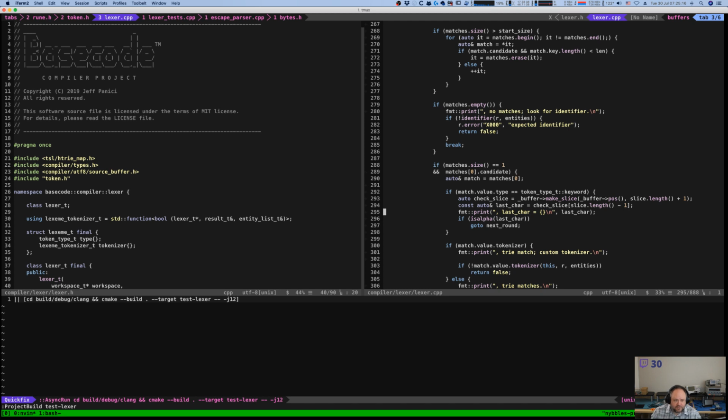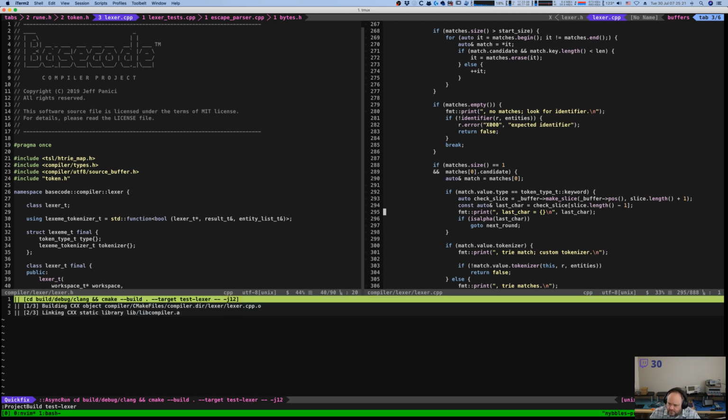So is alpha returns false for colon, so it should go up to that point.